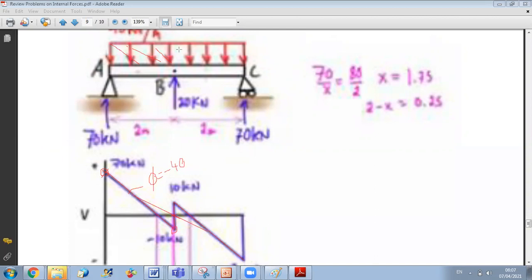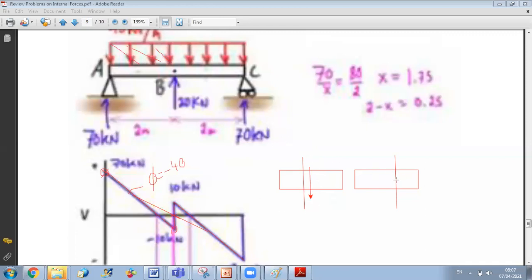Why? Because as we said last time, due to the convention, if you do a cut at a certain point, so if I do the cut here and a cut at the opposite side, when I take this part, the shear is positive when it is downward to rotate clockwise about the end of the beam.